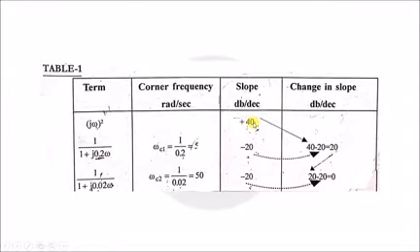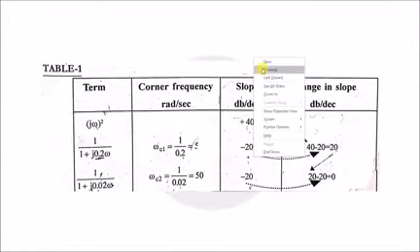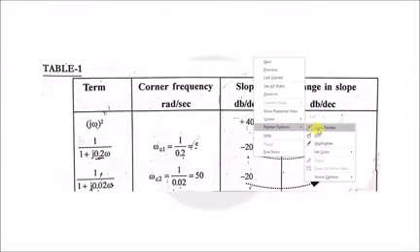Previously it was 40, now minus 20 is added, so how much is left? Plus 20 remains. Clear? Or you can try to understand it in this way.